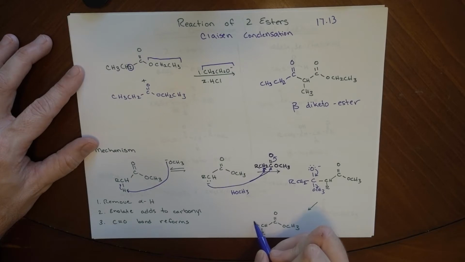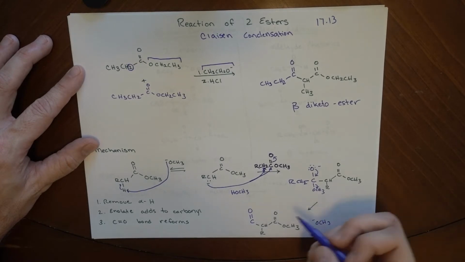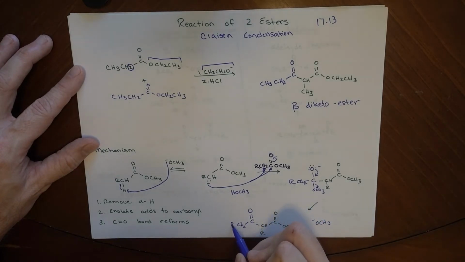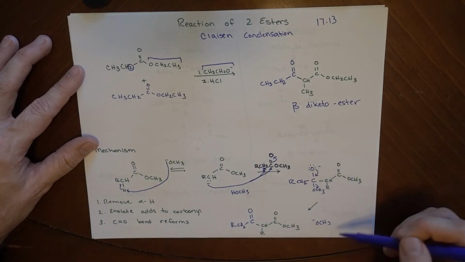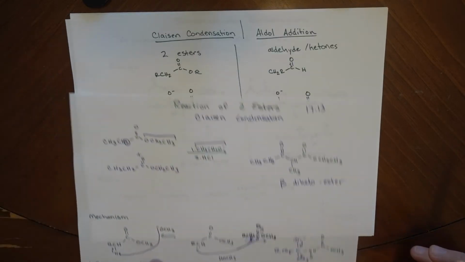And what we end up forming is a new carbonyl double bond, OCH3 minus ends up coming off, and then CH2R is what's still attached to that. We acidify after that, and then everything else here is pretty much done. So we remove the alpha carbon, the enolate adds to the carbonyl, and the carbonyl reforms. So that's kind of how that works.